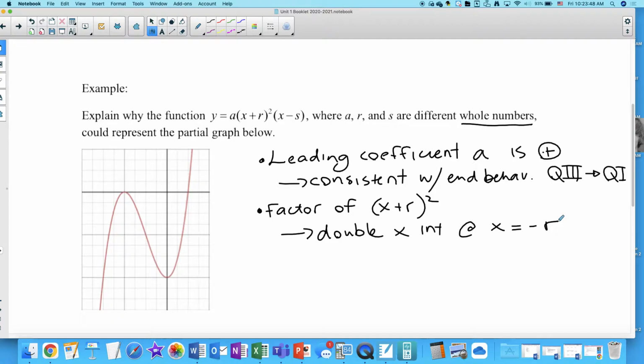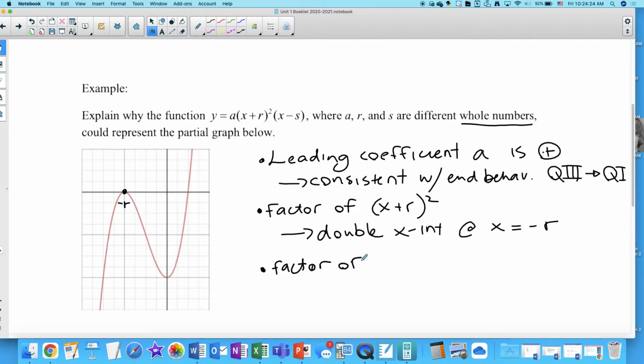X-intercepts, by the way, can also be called zeros. So if I say that, then that's why. Okay? And we see that right here, right? Double means that it's just going to touch and not cross through, but just bounce back in the other direction. Okay? So this is negative, and that is a double x-intercept. Okay? And then finally, what about this factor of x minus s?